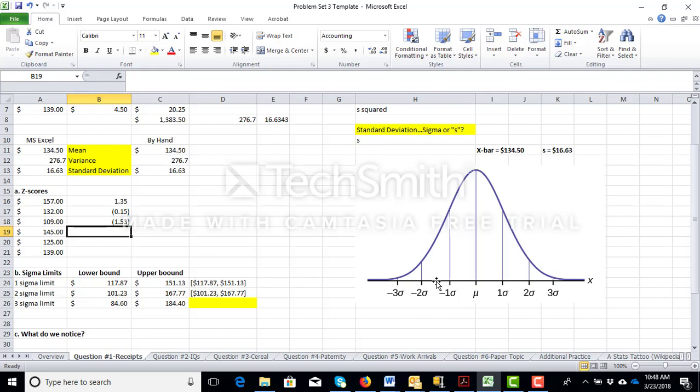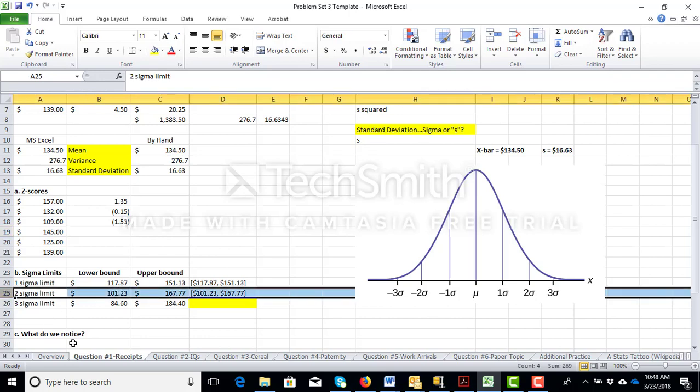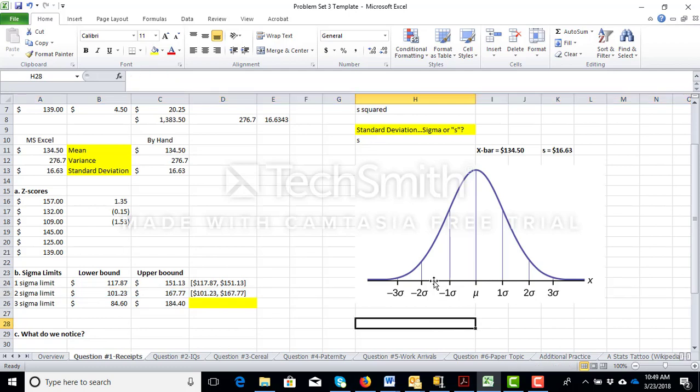It's kind of right here on the graph. You'll notice that here too, we have been able to verify that it is within two sigma limits. $109 falls between what we have here on row 25, right? And if we put it on the graph, it would show up here, 1.53 standard deviations below the average.